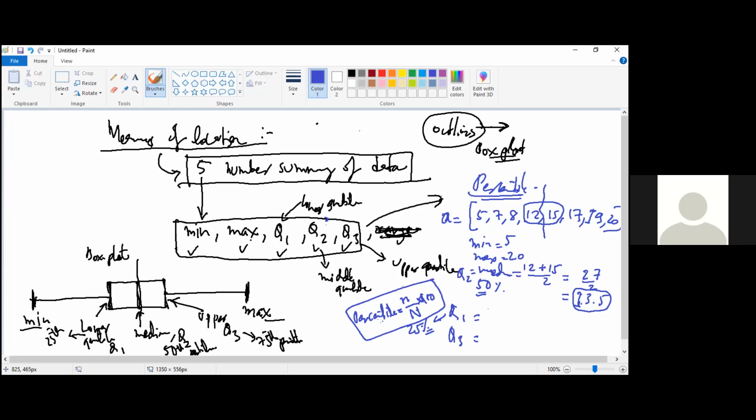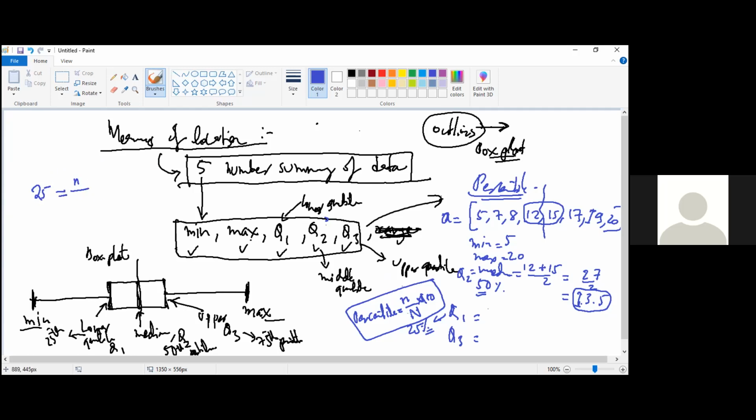Try. Anybody? You have to find the 25th percentile. You don't know small n right now, right?